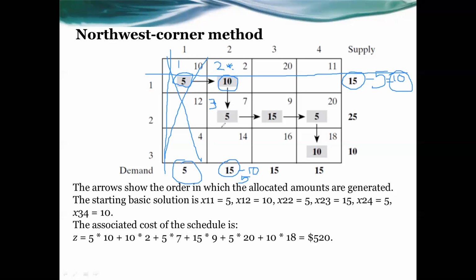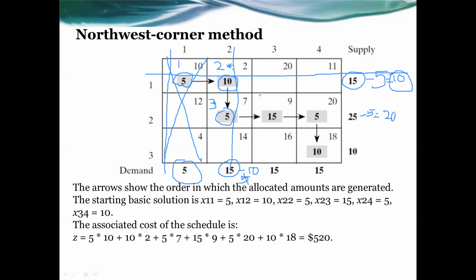You have only 5 market demand to fulfil, so you provide that 5 here. That means using this 25, you can supply that 5. Then this 5 is taken off and that column can also be removed. Remove this 5 here, and you have 20 remaining.